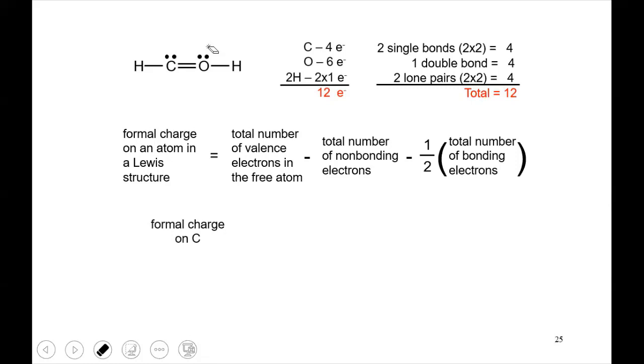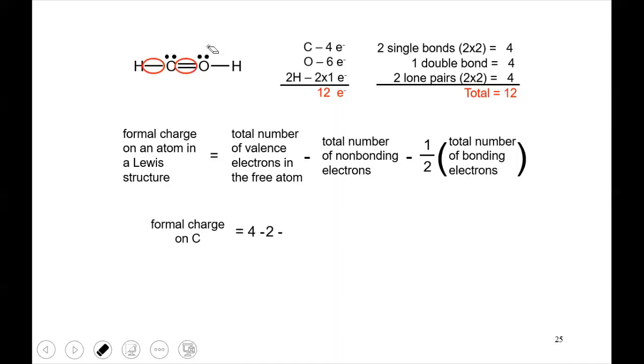Okay, the valence for carbon, we said from the periodic table, is 4, right? Now we're going to subtract the non-bonding electrons on the carbon. There's 2. Notice it's not on the whole molecule, just on the carbon. And let's see how many electrons are involved in bonding here.